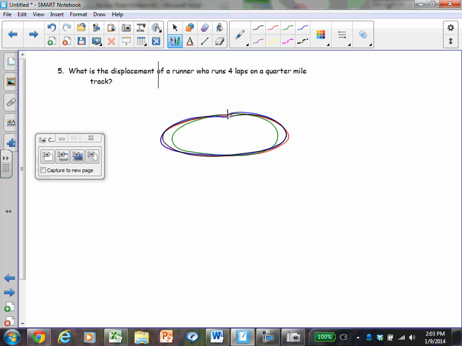But the displacement is 0, because displacement is what? How far from start you are to where you ended. So in another example, this would be 0 miles.